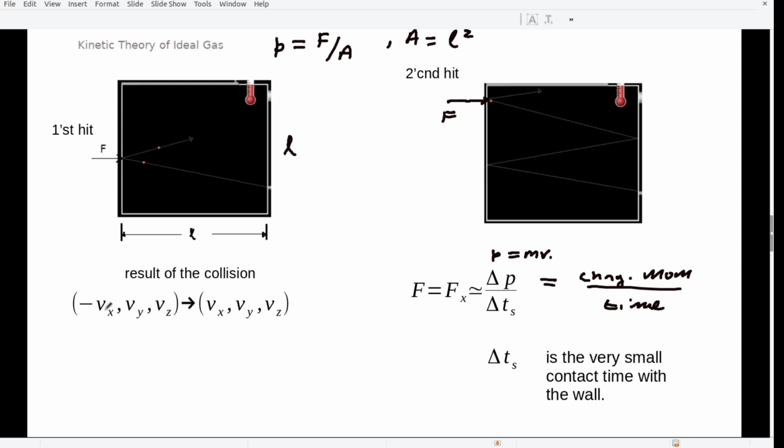Let's look at what this collision does. If we define this direction to be the x direction, conveniently, because that's all we want to consider, just this wall, which has a normal surface facing along the direction of this force, the x direction. What's the result of the collision? This particle has velocity components vx, vy, vz, because we're talking about 3D.